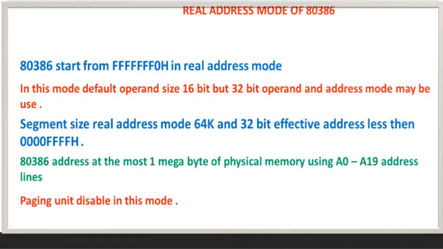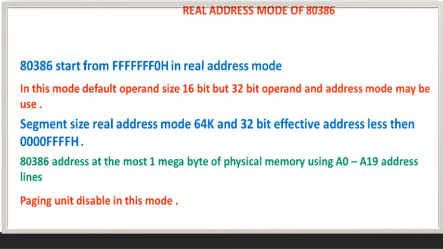Real addressing mode of 80386. The 80386 always starts from the memory location FFFFFFF0H in the real addressing mode whenever the processor is reset.